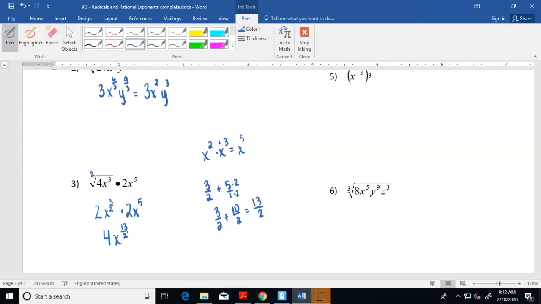Like the 2x to the 3 halves? What do you mean solve it? No, I don't think we'll get the right answer to do that.